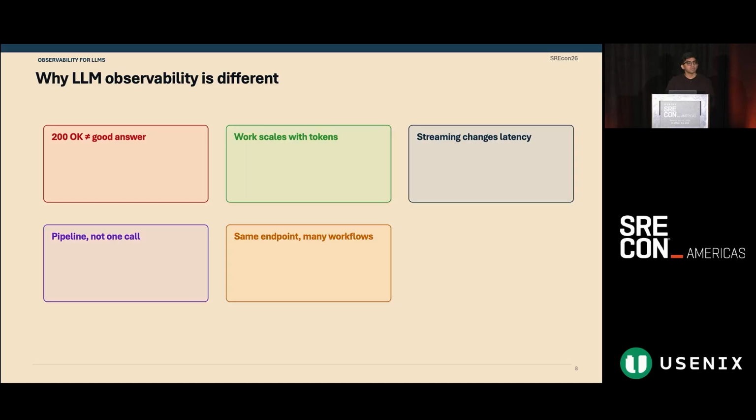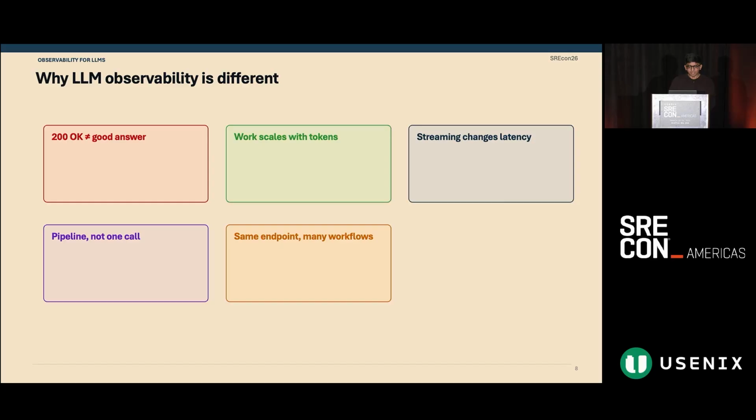Secondly, work now scales with tokens as well, not just request count. Two requests can have different amounts of work. One request can be tiny and just a direct answer from the model. The second could involve multiple tool calls and multiple model calls to construct that answer.